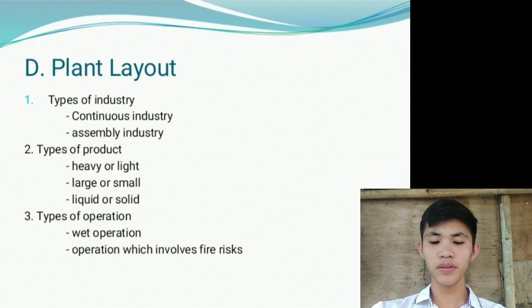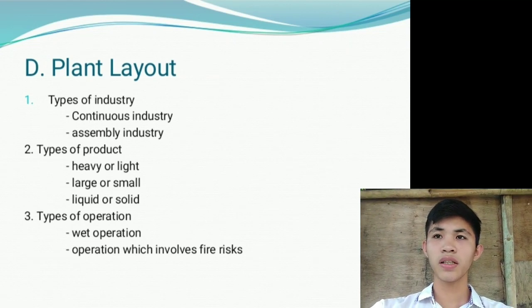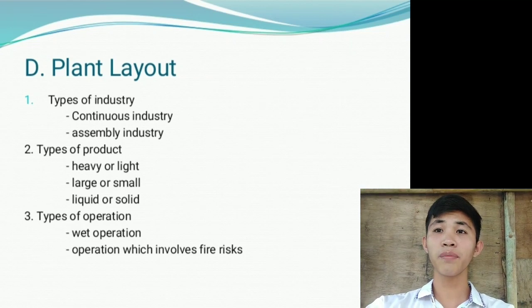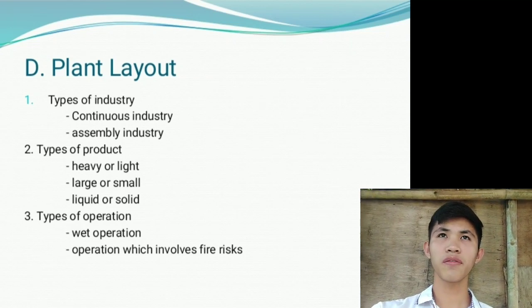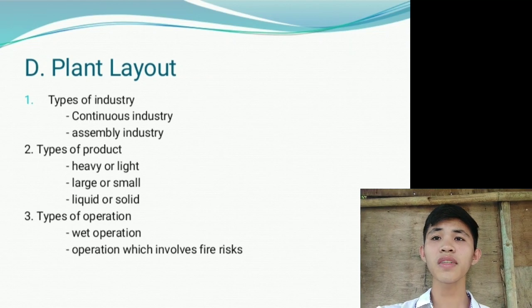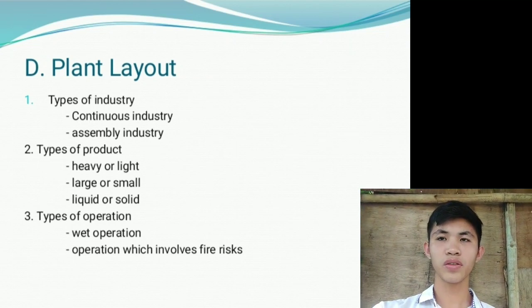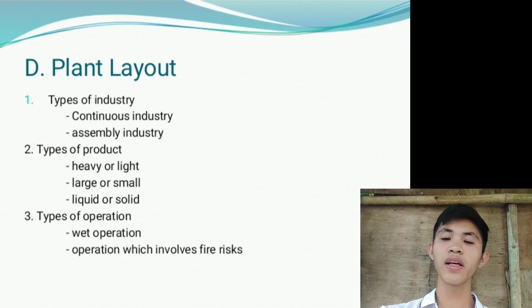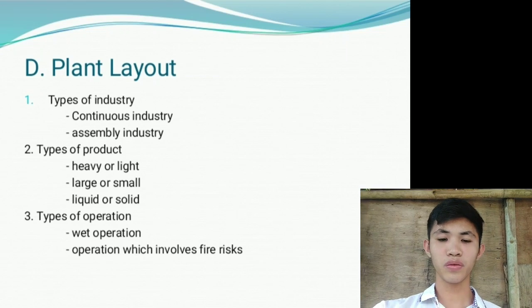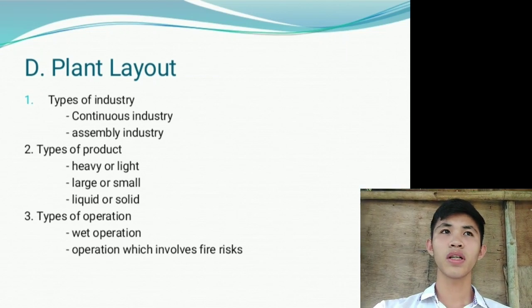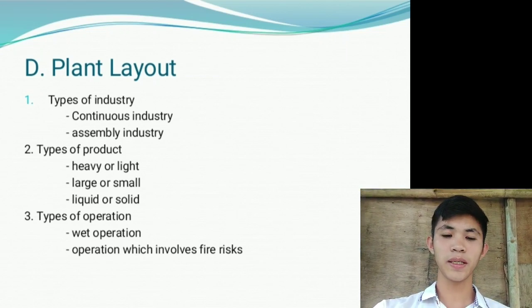And the assembly industry is the industry of, for example, cars, the car manufacturing. And the second type is types of products. So whether your product is heavy or light, large or small, liquid or solid, water or something hard.